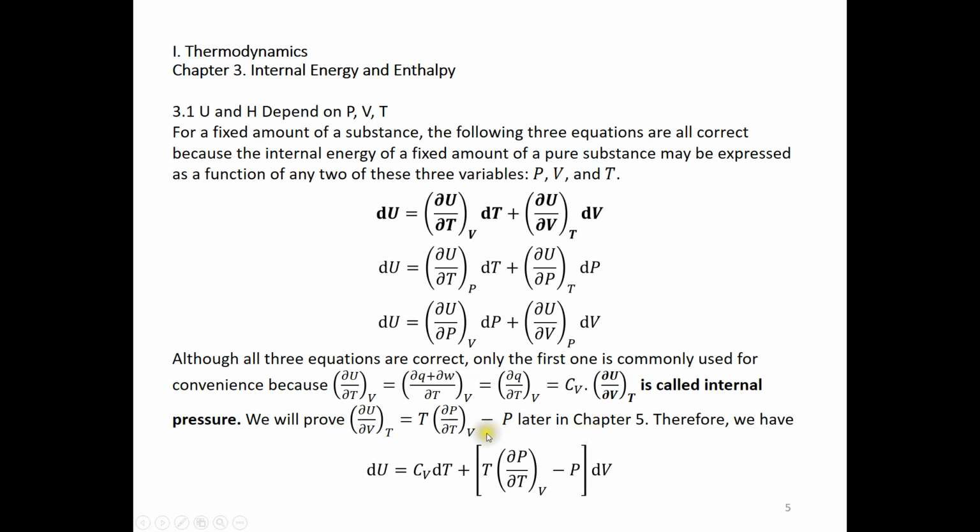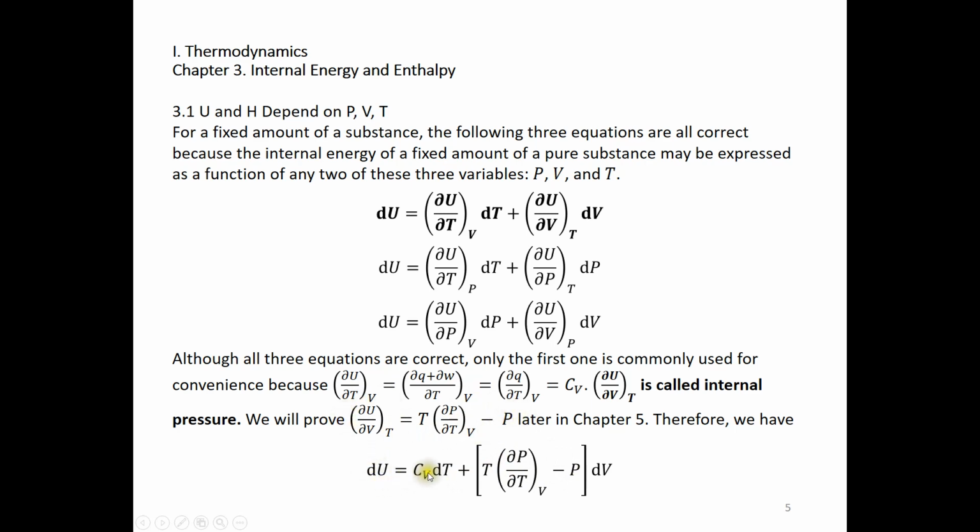And also, it's just a lot easier for us to imagine, if we somehow have a gas in a constant volume container, and then we change its temperature and then measure its pressure. It's just very easy to do this part. Unfortunately, we cannot prove this until chapter 5, so we're gonna just wait. Now let's just assume this equation is correct.